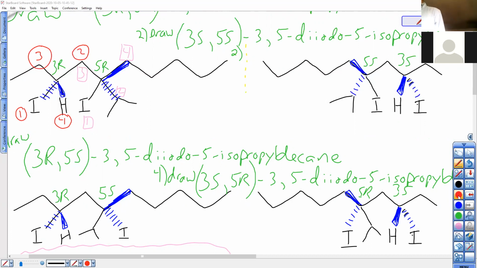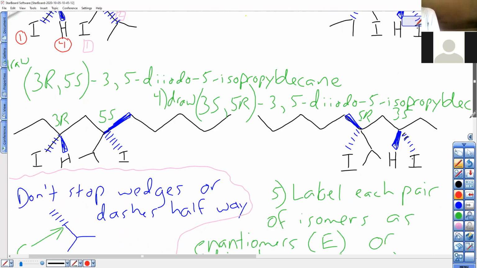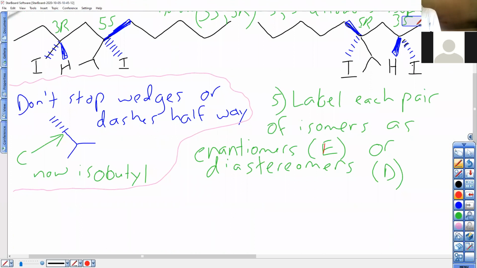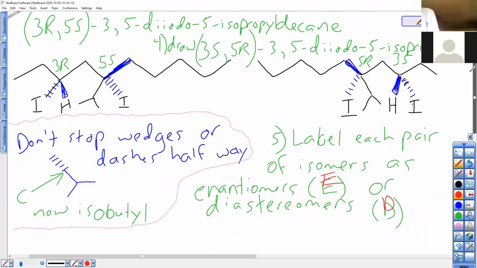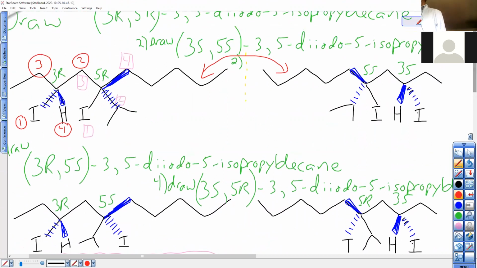The mirror image of these two, and we'll just do it like this in red. The mirror images are called enantiomers. And they have both stereocenters changed.